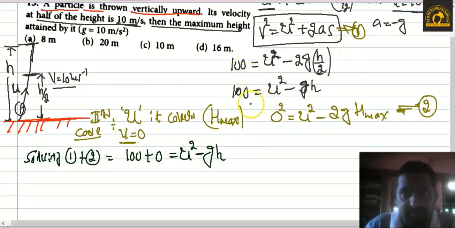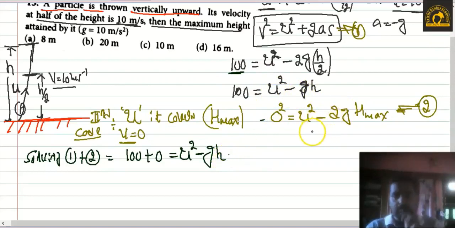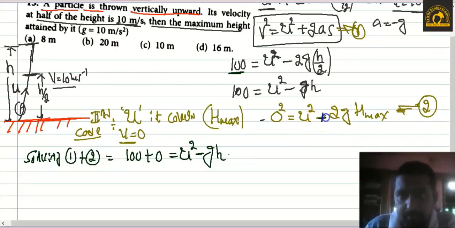This is the LHS, and the RHS is u square minus gh. Then for equation 2, when it reaches the maximum height, that is 0 equal to u square minus 2g h maximum. Subtracting, this is minus into minus, plus g h maximum.